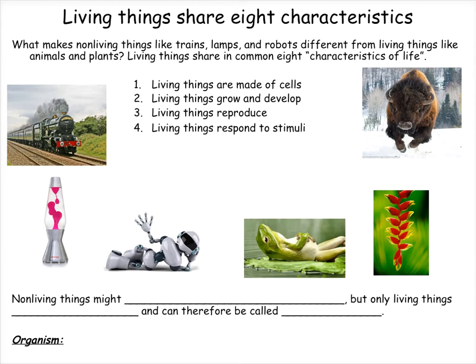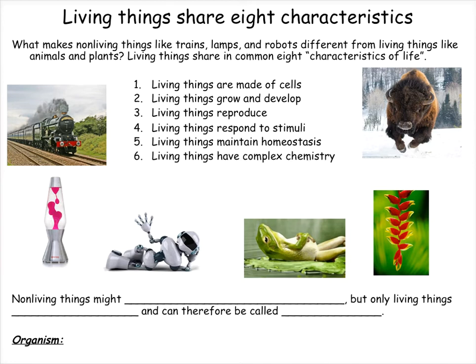Living things respond to stimuli in their environment. 5. Living things maintain homeostasis in their internal environments. 6. Living things have complex chemistry. 7. Living things use DNA as hereditary material. And finally, number 8, living things evolve.